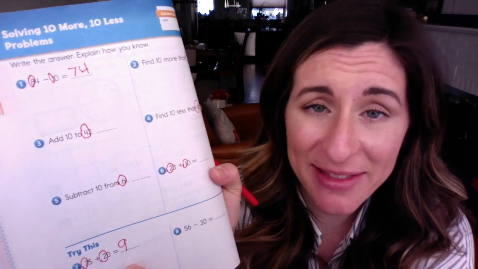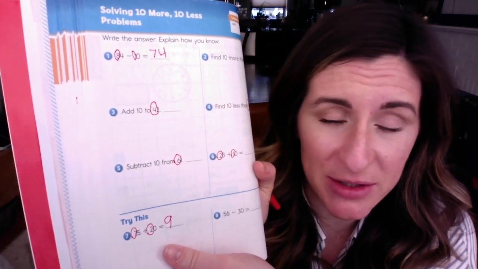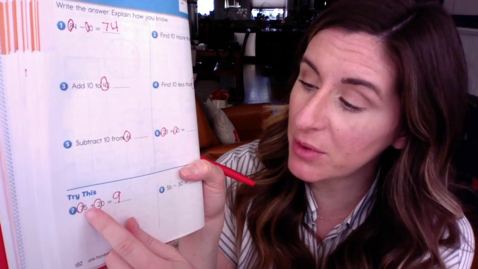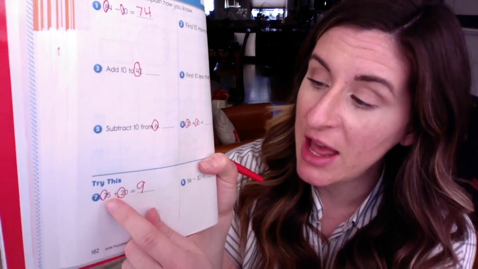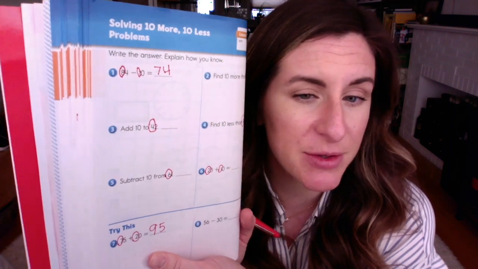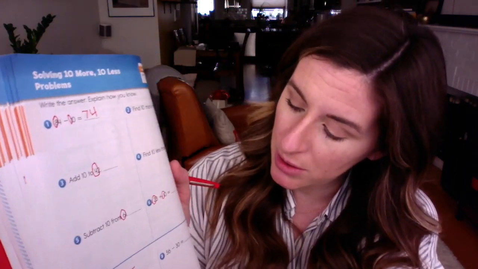And then again, the number in the ones place doesn't change. There's a 0 at the end of 20, right? So the number in the ones place isn't going to change. I have to keep that 5 from the 75, but we're not counting by ones here. We're counting by tens, so that 5 isn't going to change.